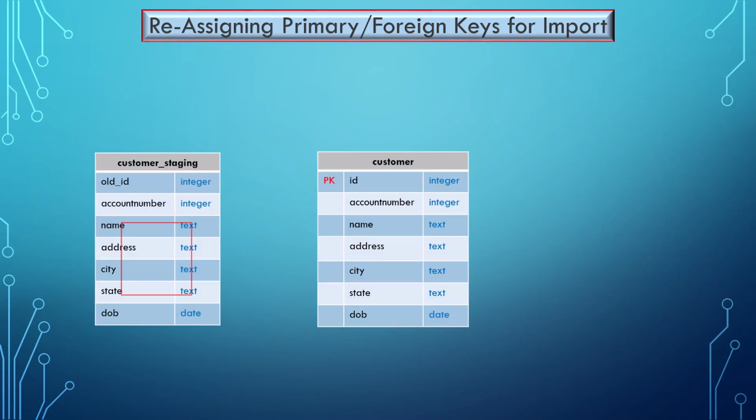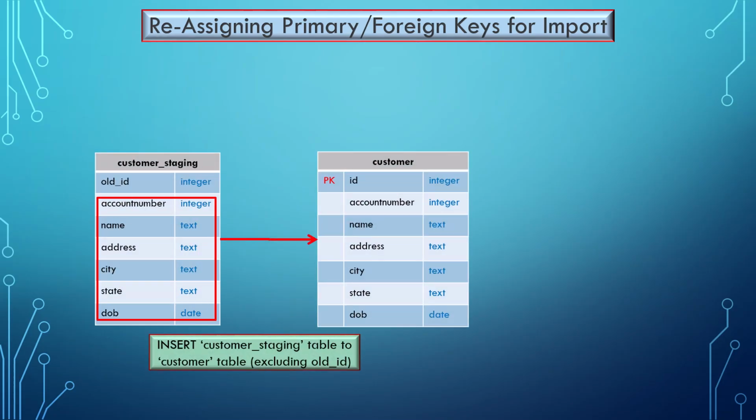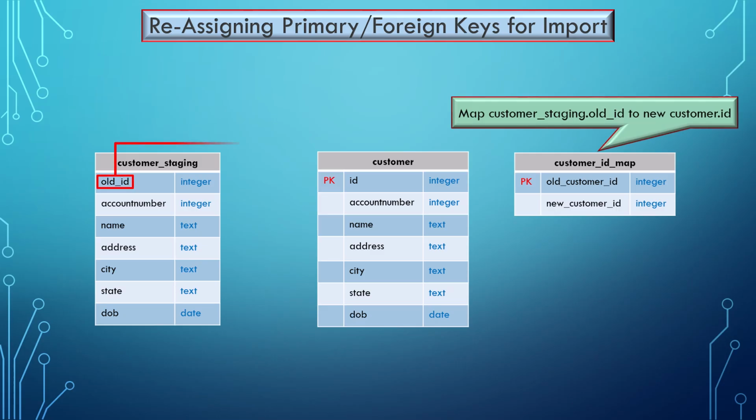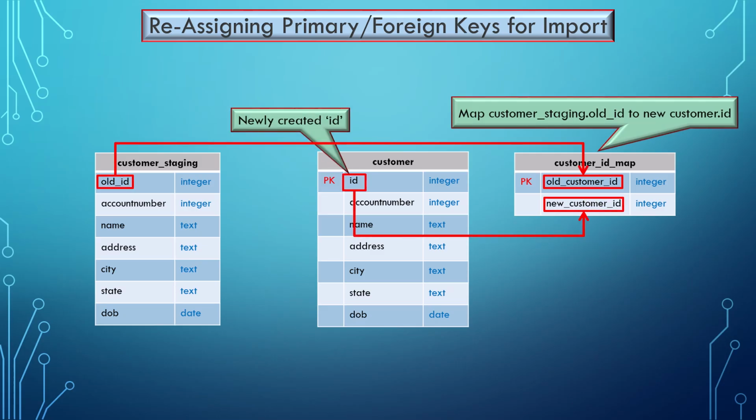Next, we will insert the customer staging table to the customer table, excluding the old_ID column. Then we will map the customer staging.oldID to the newly created customer.id. New customer ID will be used to update the foreign key customer ID in the orders table.